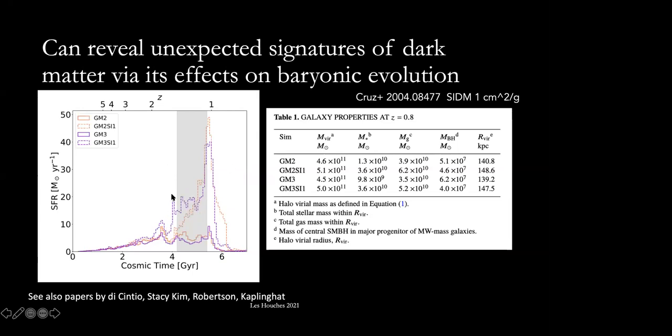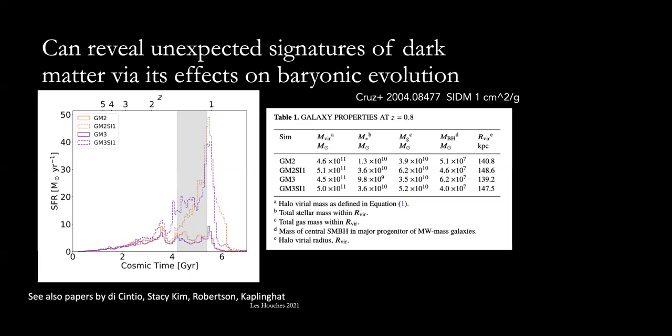So in her papers, she's shown that you get enhanced star formation in Milky Way-like galaxies for self-interacting dark matter cosmologies. So if you're a galaxy person, that is an interesting thing. And if you're a dark matter person, that's potentially a signature of self-interacting dark matter.